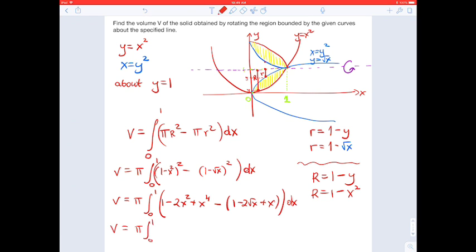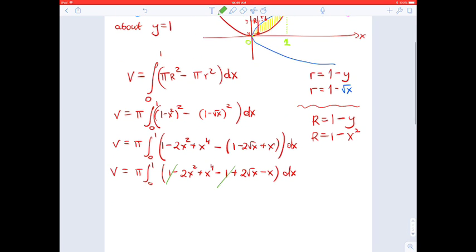Pi from 0 to 1, integration of 1 minus 2x squared plus x to the power of 4 minus 1 plus 2 root x minus x. The only thing that I can simplify is the ones, and that's it.